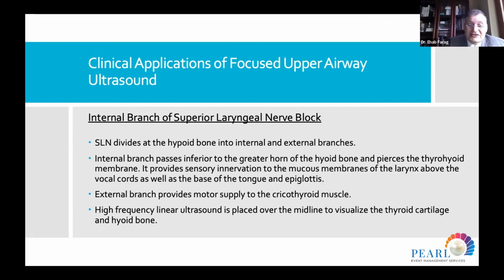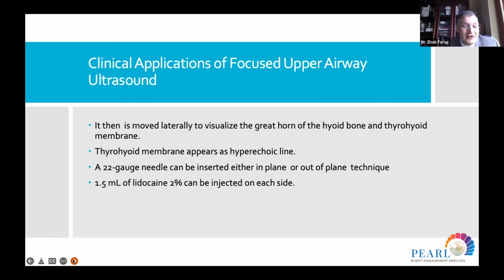And high frequency usually is placed over the midline to visualize the thyroid cartilage and the hyoid bone, and then moved laterally to visualize the greater horn of the hyoid bone and the thyrohyoid membrane. The thyrohyoid membrane is hypoechoic, but once you see the hyperechoic air-mucosal interface, that can give you an idea where the thyrohyoid membrane is.